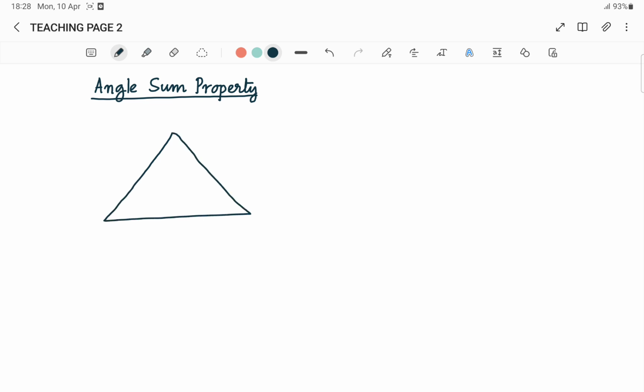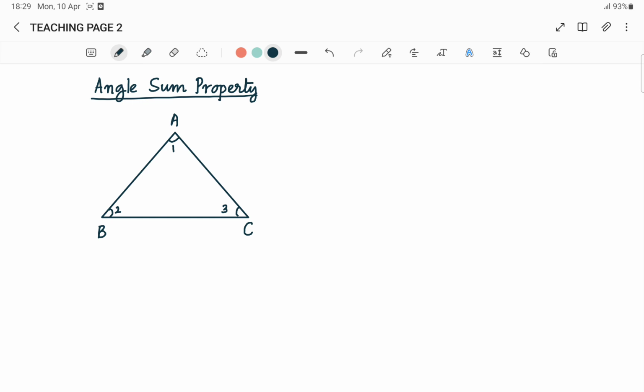Let us take a triangle ABC. I will name the angles of the triangle as 1, 2, 3. Our job is to prove angle 1 plus angle 2 plus angle 3 is 180 degrees.